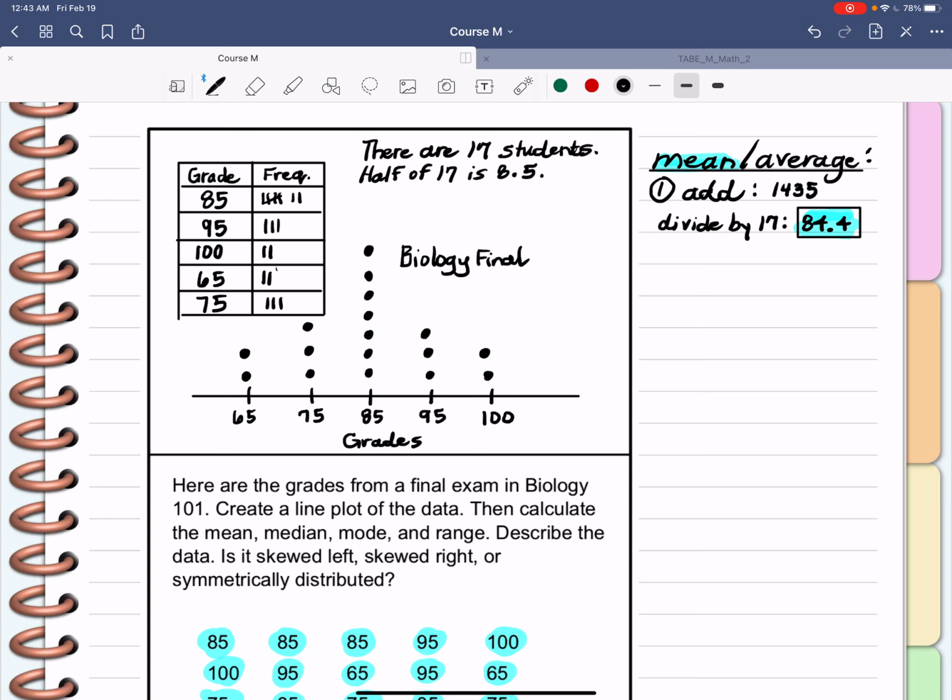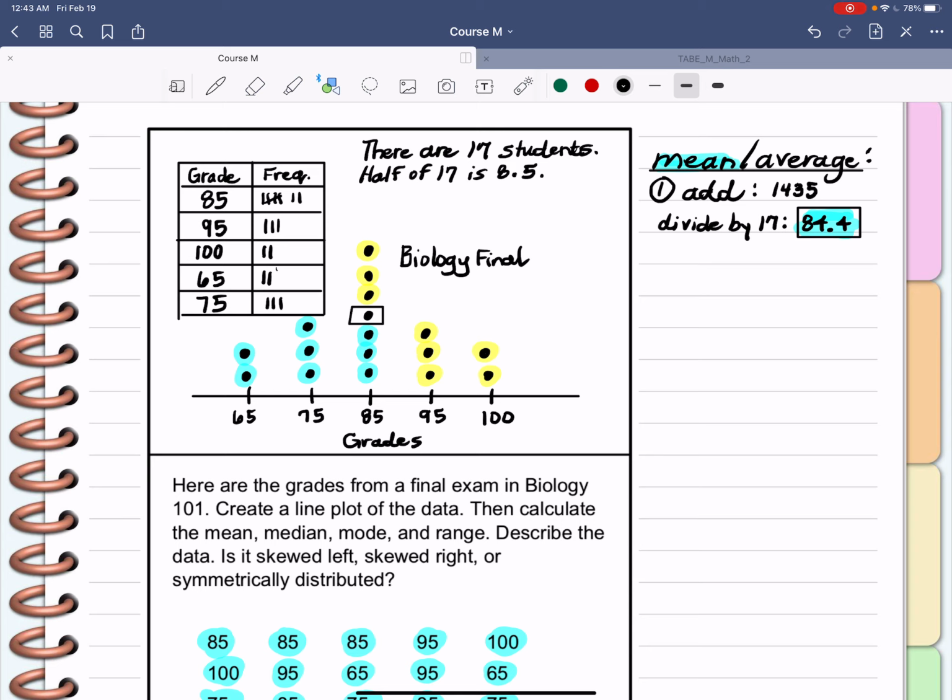So I'm going to count to the 8th student on my graph. So I have 1, 2, 3, 4, 5, 6, 7, 8. And then I have 1, 2, 3, 4, 5, 6, 7, 8. There is the median, and that is an 85.